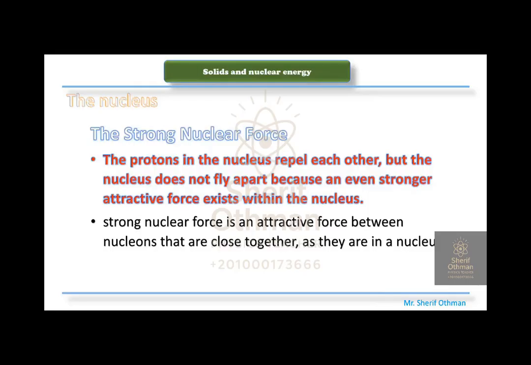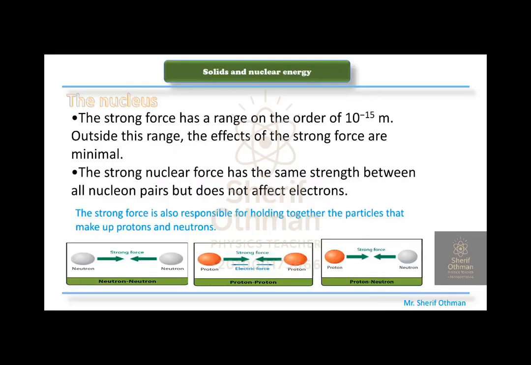The protons in the nucleus repel each other, but the nucleus doesn't fly apart because an even stronger attractive force exists within the nucleus. Strong nuclear force is an attractive force between nucleons that are close together, as they are in a nucleus.